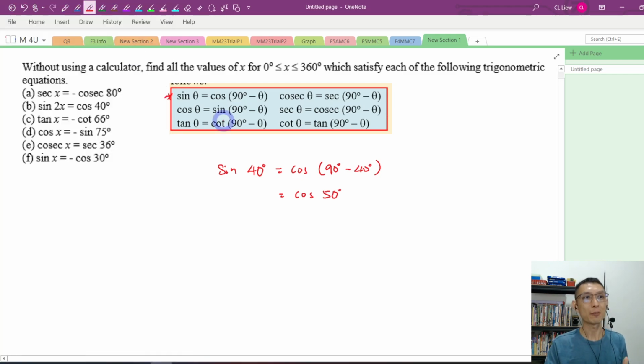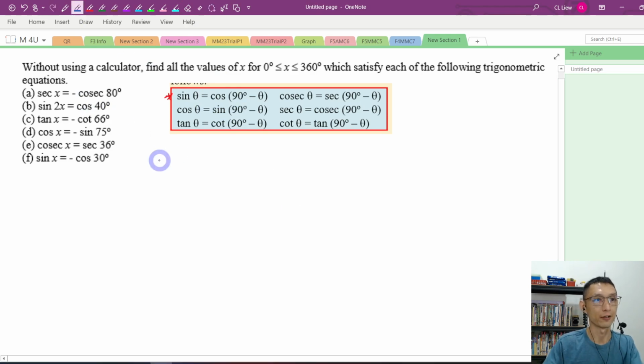Here I'm going to use this relationship to help you solve this question. Now let's look at part A: secant x is equal to negative cosecant 80 degrees. Secant and cosecant are one group, remember? Secant, cosecant, tangent, cotangent, sine and cosine.